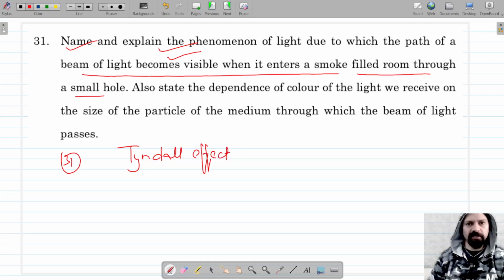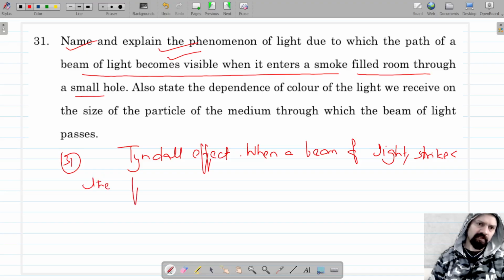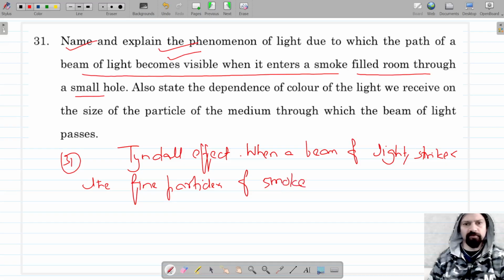So in this case, we can write that the name of the phenomenon is the Tyndall effect, and it says that when a beam of light strikes the fine particles of smoke, it is reflected diffusely.